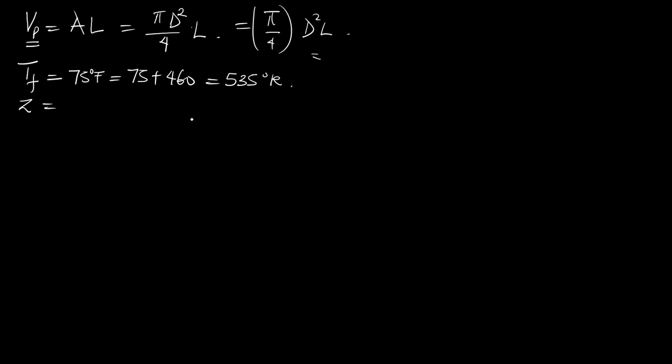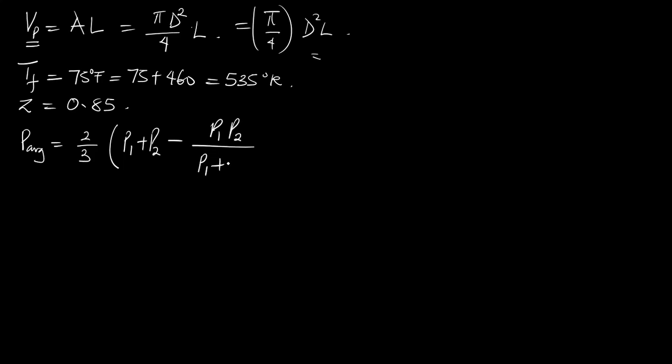Now we have the average compressibility factor given, which is 0.85. Now we need to calculate the average pressure. The formula for average pressure is 2/3 times bracket open P1 plus P2 minus P1 times P2 divided by P1 plus P2. Now let's calculate this.